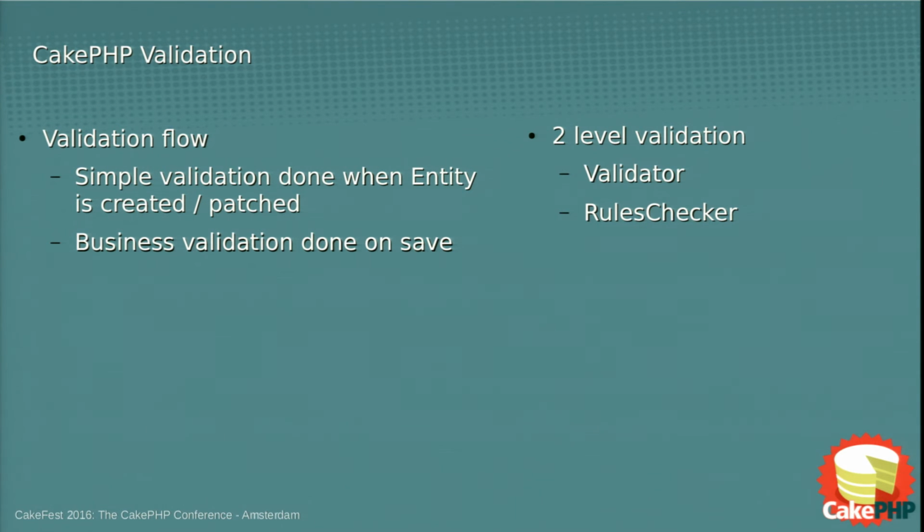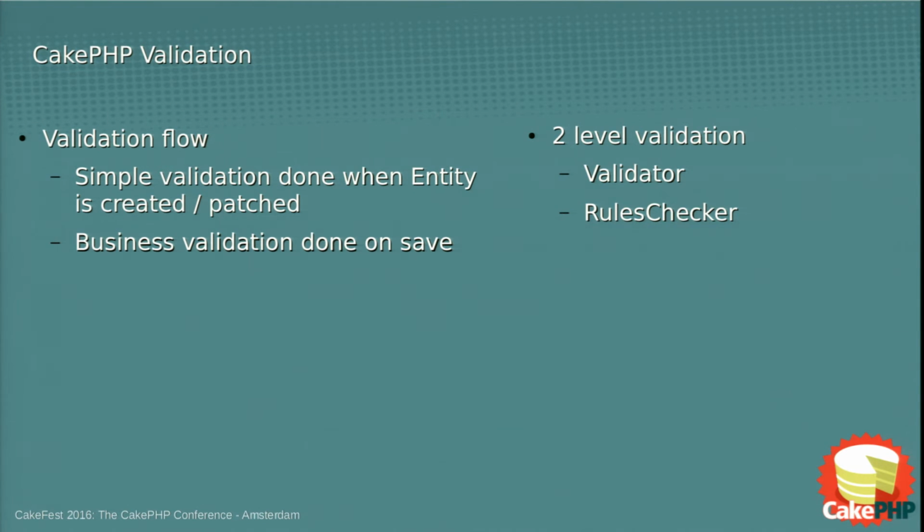The entity validation is triggered when the entity is created, patched, or modified. The business validation is done on save. Obviously, when you're saving something, if the entity is not valid, you don't proceed to check the rules. You just stop and say it's not valid.